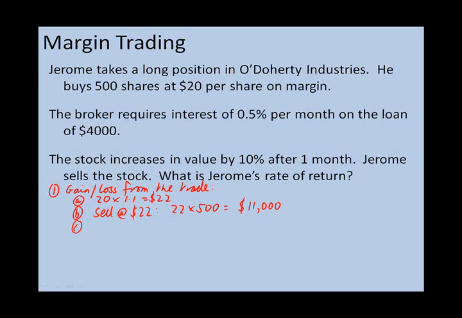In addition, he also has to pay back interest on the loan at 0.5% a month. And we've only borrowed the $4,000 for 1 month, so that's all he's got to pay back. We're going to pay back $4,000 times 1.005, because we've also got that 0.5% interest. So we have to repay $4,020.